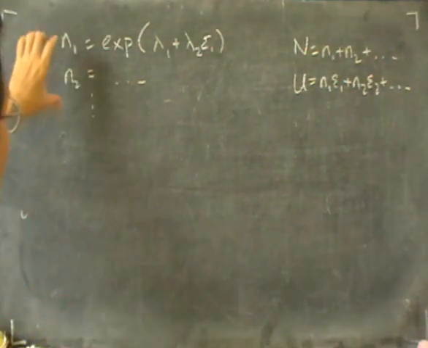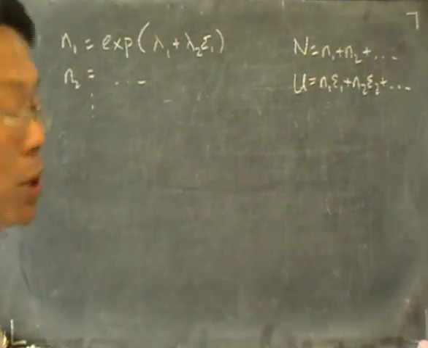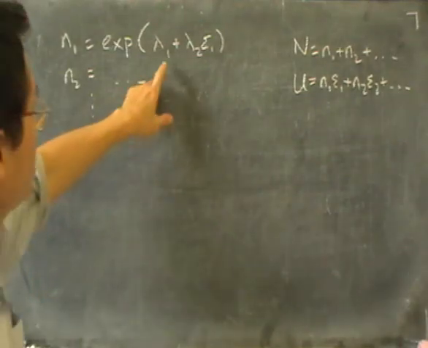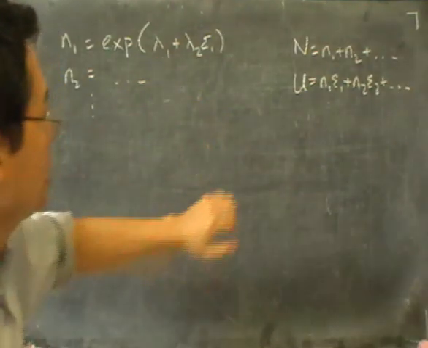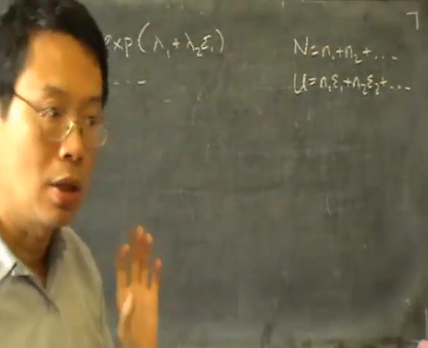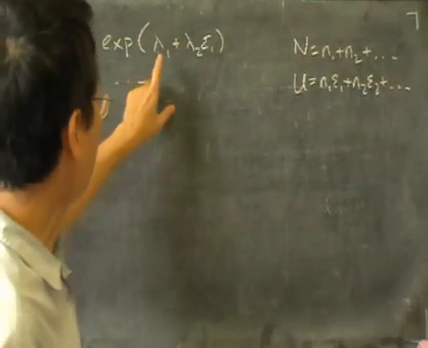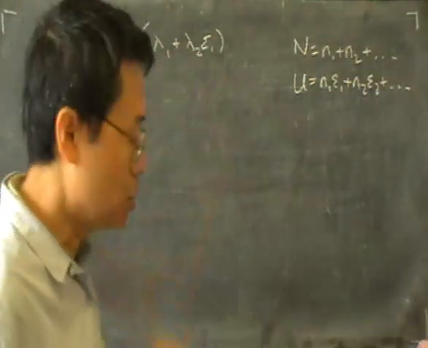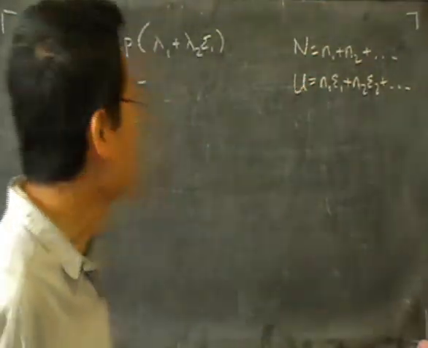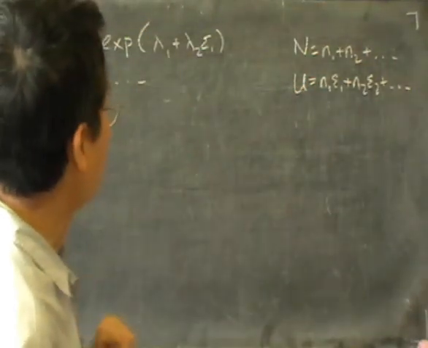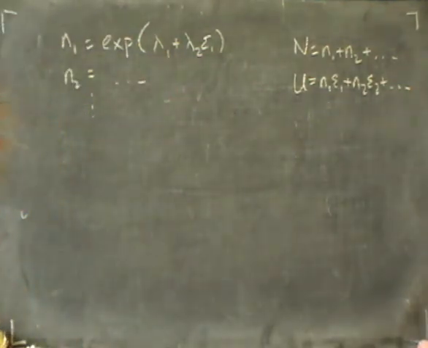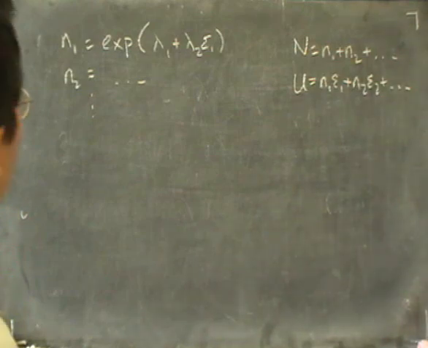Since we already have all the formulas for the n1 and n2s, we are just left with the two unknowns lambda 1 and lambda 2, and since there are two additional equations here, in principle there are enough equations to solve for lambda 1 and lambda 2. But as you can see, it will get very complicated if we try to solve for lambda 1 and lambda 2 directly. But it's possible to actually solve for one of them, the lambda 1. So let's do that now.